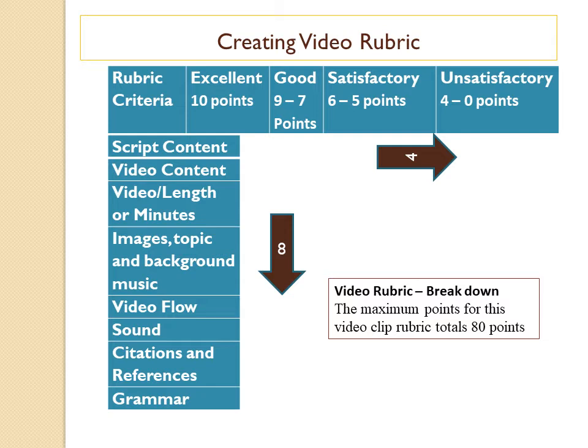And going down shows the rubric criteria, which are script content, video length or minutes, image, topic and background music, video flow, sound, citation references, and grammar. This video rubric breakdown shows that this has a maximum of 80 points.